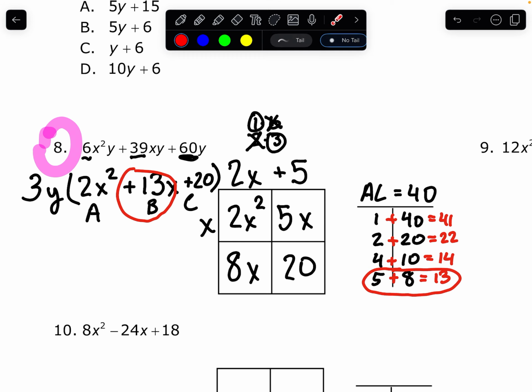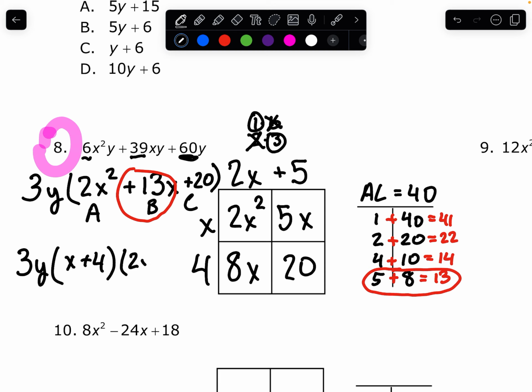And 8 and 20, 8 doesn't go into 20, but 4 does go into 20 and 8. So our answer comes out to 3y times x plus 4 times 2x plus 5.